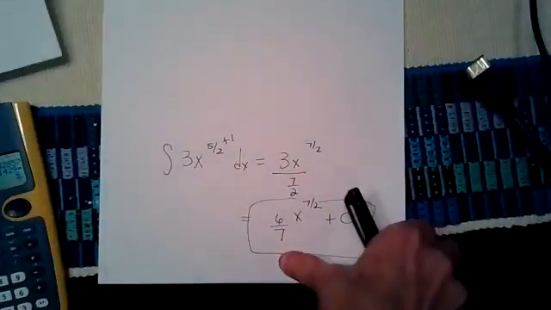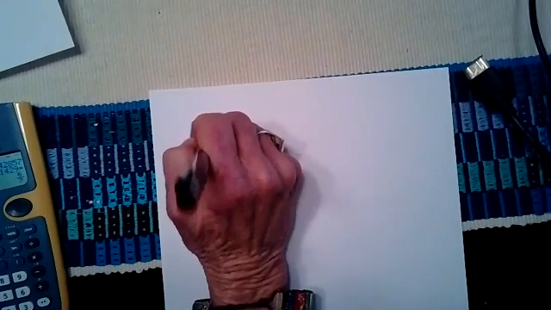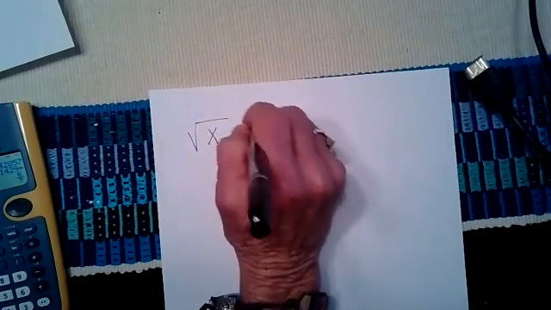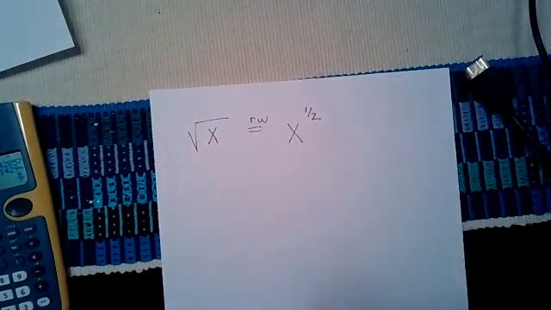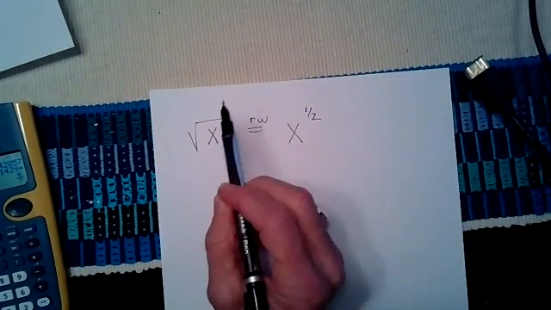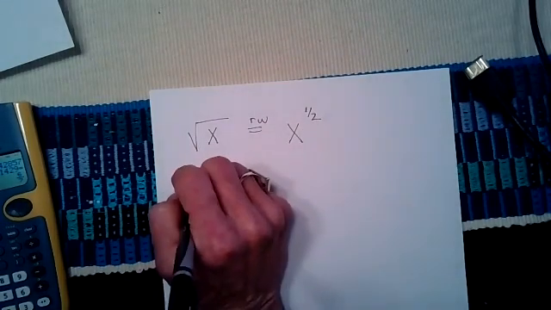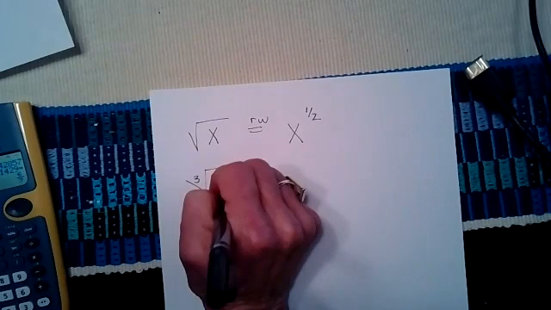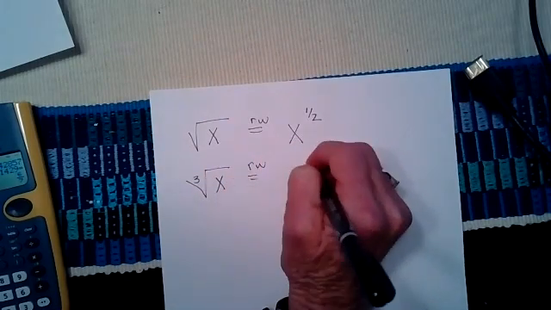One thing I do want to note is that sometimes instead of writing fractions, we could have x, the square root of x, and you would rewrite that as x to the 1/2 to begin, because there's no number inside that radical. It's understood to be a 2. If there's a 3 inside that radical, it would be x to the 1/3.